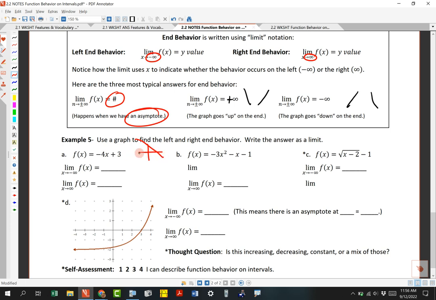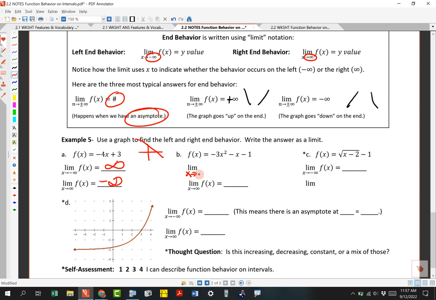So as we're going to the left, the function values are continuing to get bigger and bigger and bigger. So that would be positive infinity. That would be its end behavior. As we're going to the right end, toward positive infinity, the function values continue going down. So that's negative infinity.